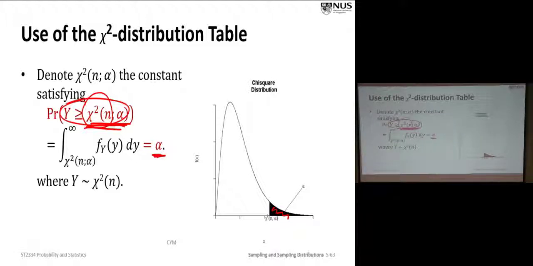Probability of Y, following a chi-square distribution with n degrees of freedom, being greater than this value is alpha. And what is this value? This value is here, this point. I use the notation chi-square n semicolon alpha. So this is a constant such that a chi-square random variable with n degrees of freedom is greater than it with probability alpha.